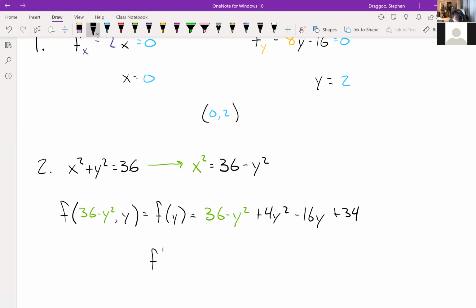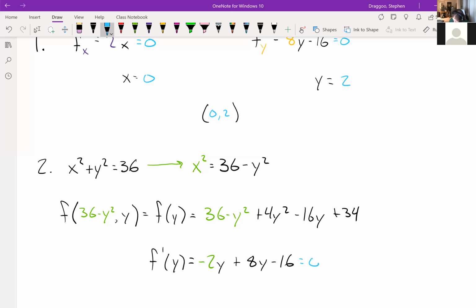If I look at the derivative with respect to y, notice it is just a derivative now because it's a function of only one variable. So I can go back to my f prime notation from Calc 1. This thing becomes negative 2y plus 8y minus 16.